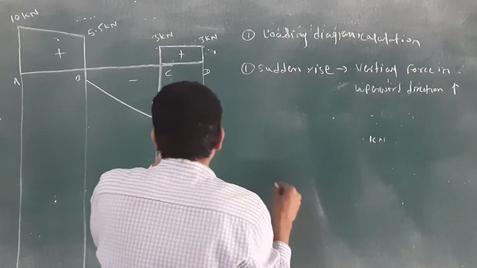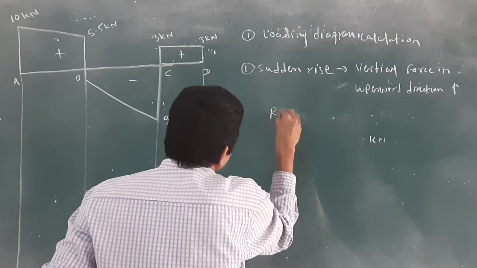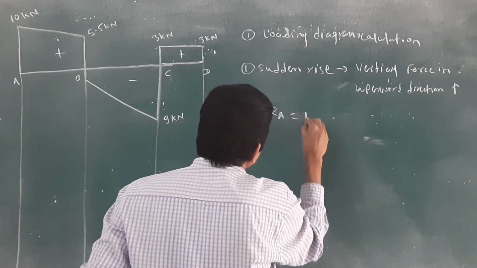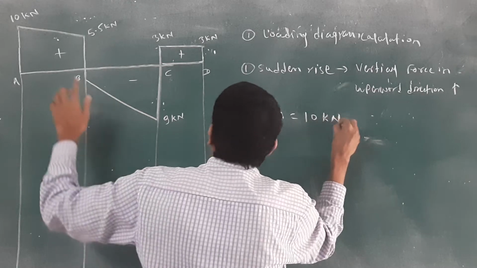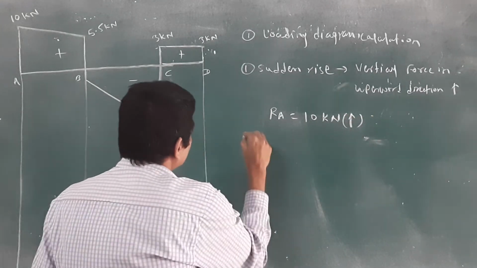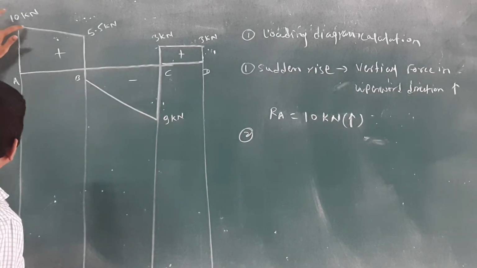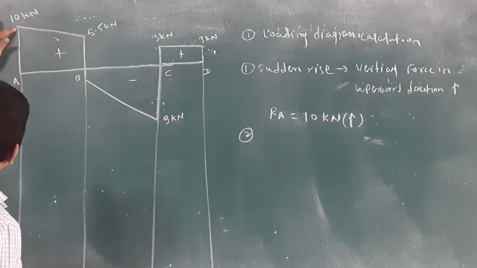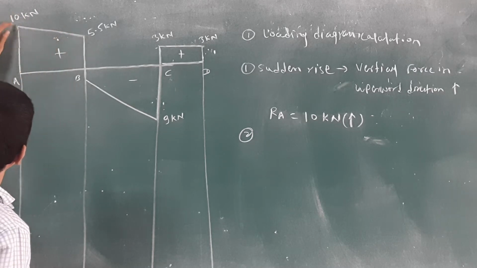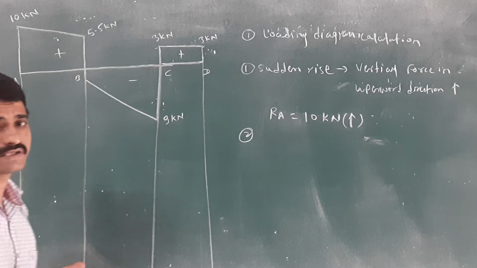Suppose we consider the support reaction RA; we will get 10 kilonewton in the upward direction. Show the arrow. Then what is the second point? From A to B we get a linear decrease.